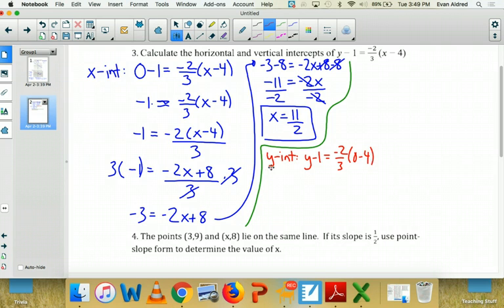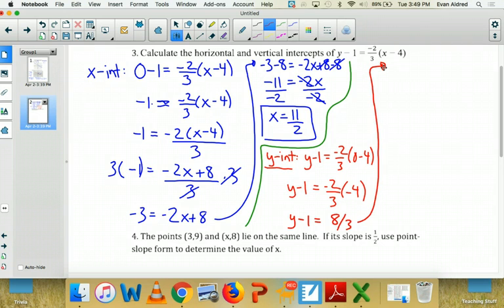This will give us y minus 1 equals negative 2/3 multiplied by negative 4. Well, we can simplify that. y minus 1 equals 8 over 3.